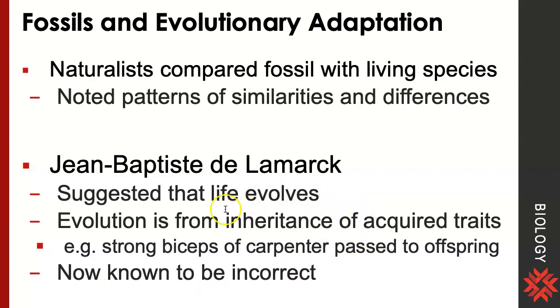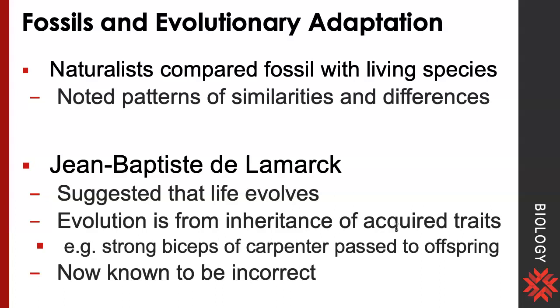In particular, he said they change from the inheritance of acquired traits. Acquired traits means traits that an organism acquires or gets throughout its lifetime. So his famous example was, if you think of giraffes, we know that giraffes have a really long neck.